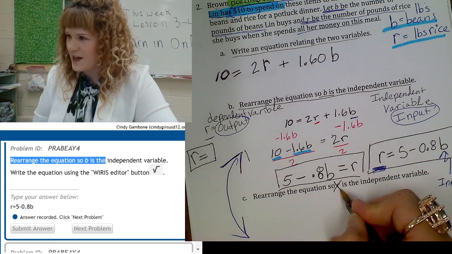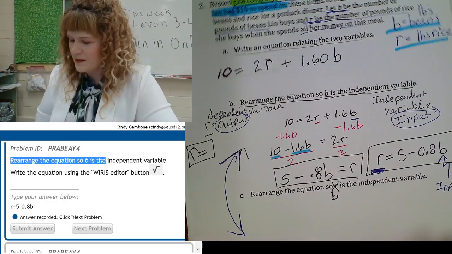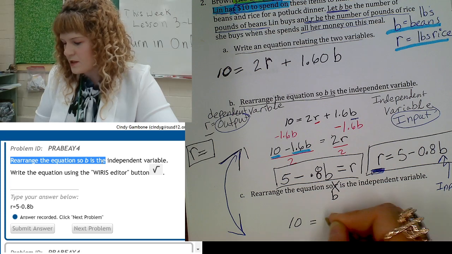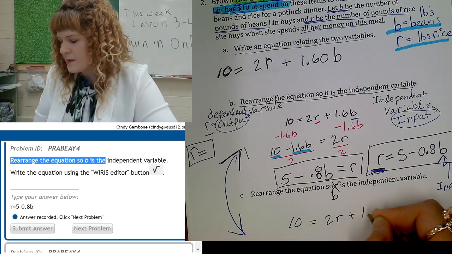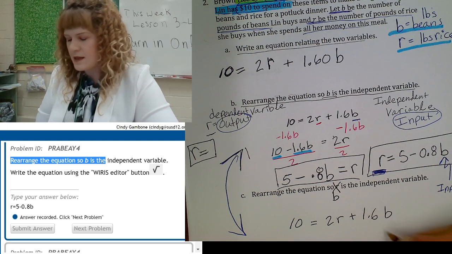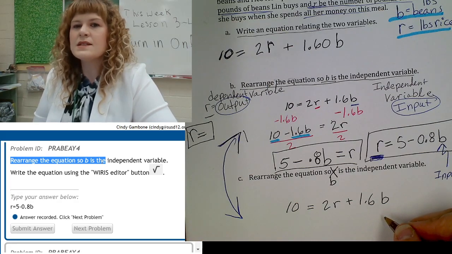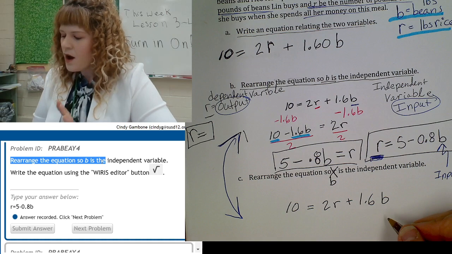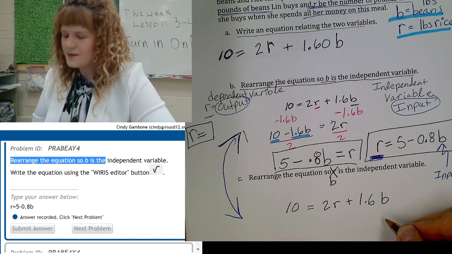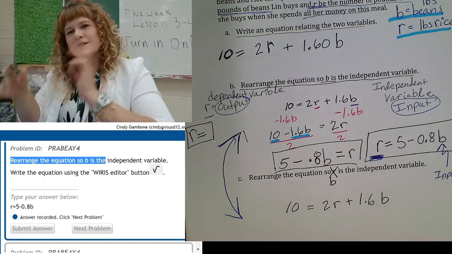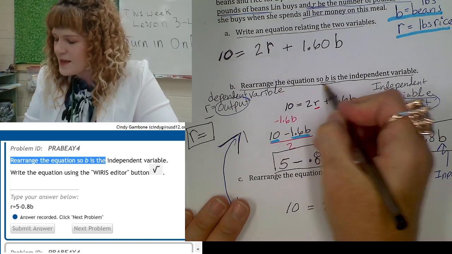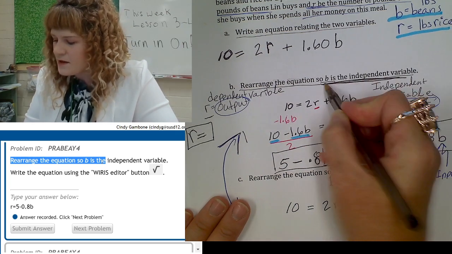So I'm just going to change that. Now we're going to isolate b. Start with the original equation. And I'm going to isolate b so that the pounds of beans we buy is the... Oh, I didn't do it backwards. I always get independence and dependence confused. Okay, wait. It says b is the independent variable.